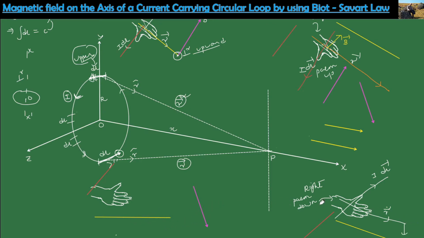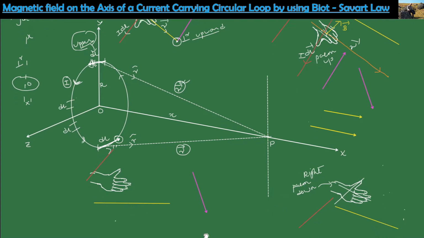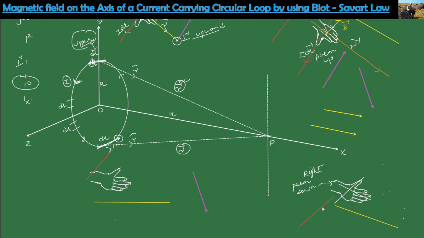So if I want to represent that direction carefully, let us take this red colored line representing the direction of our IDL vector.